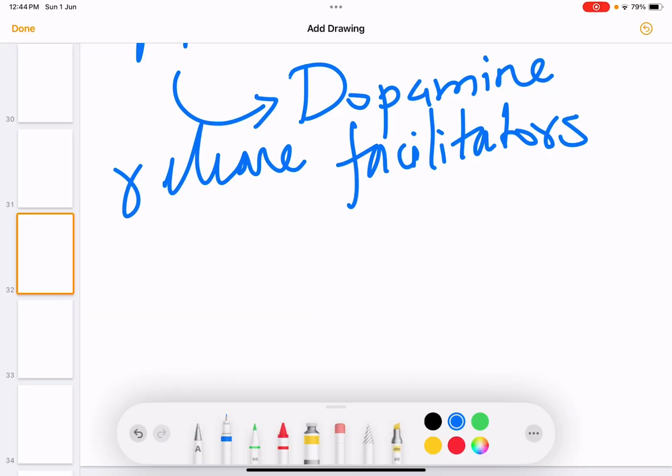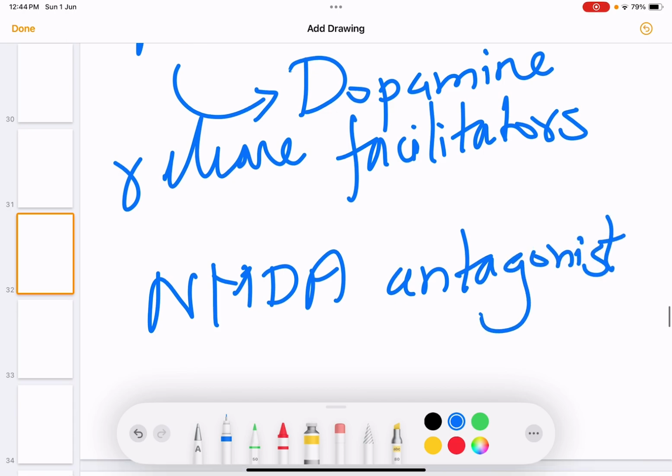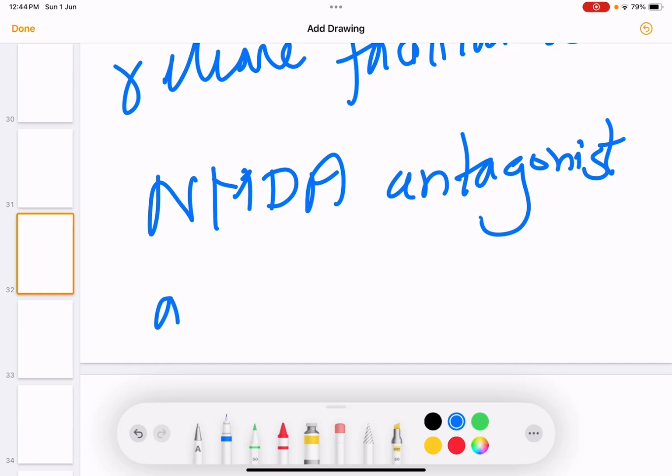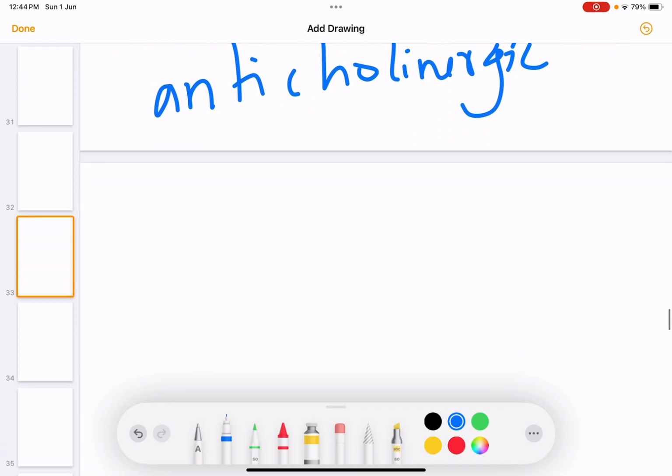It is also an NMDA antagonist. NMDA is a receptor for glutamate. It also has some anticholinergic property. And it is the drug of choice for levodopa induced dyskinesia.